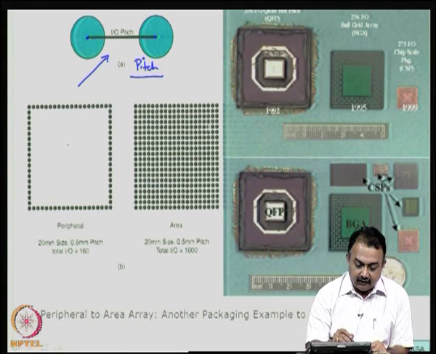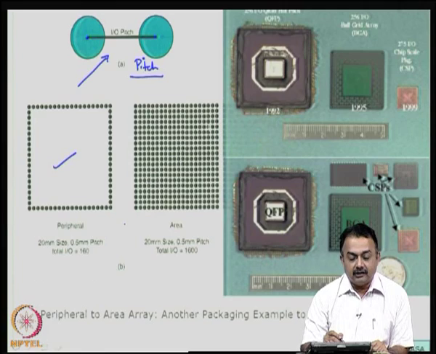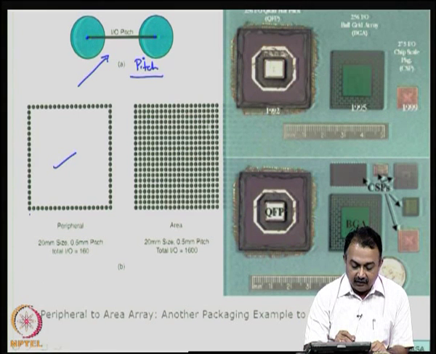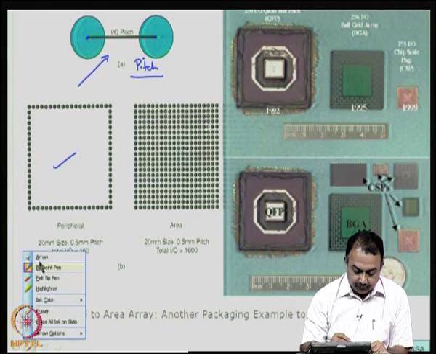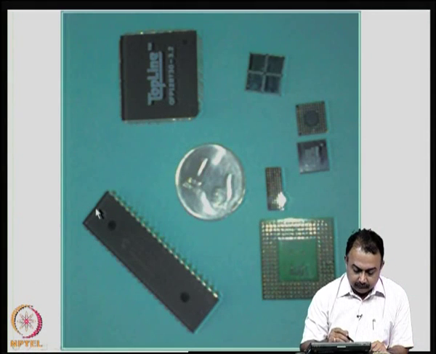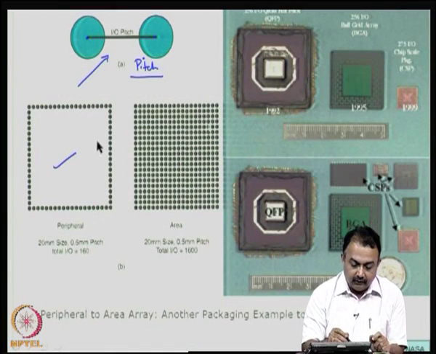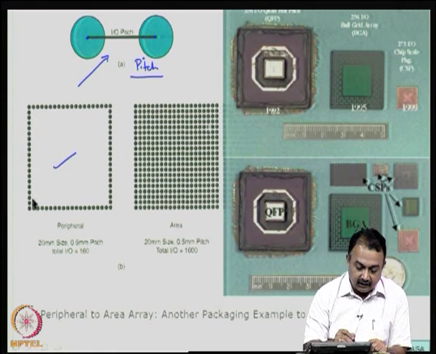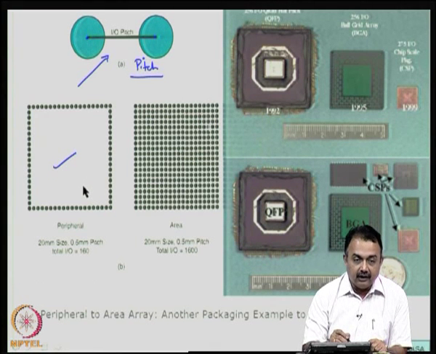If you look at this figure here, this indicates the IO pins at the periphery of the package. So, all around you can see that the IO pins are arranged at the periphery. The center of the package is not utilized. So, a typical example for this will be your quad flat pack.